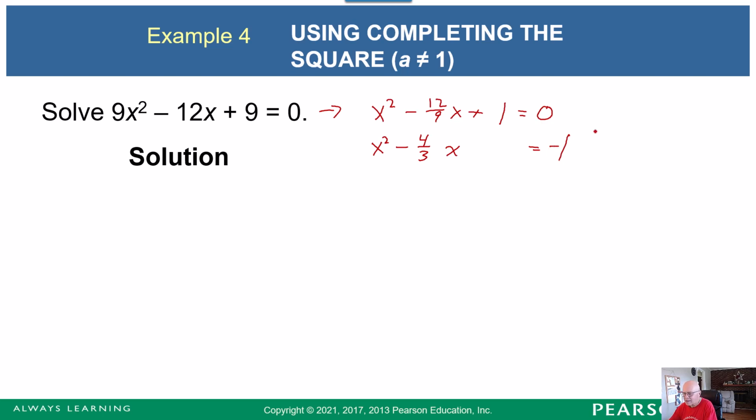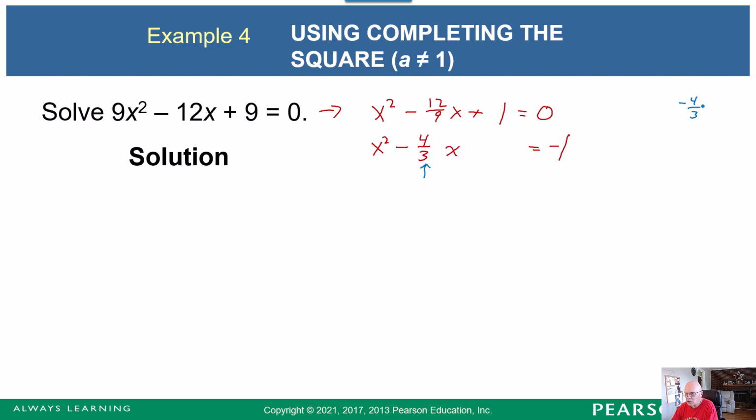Now, since I think it might help, I'm going to change the color again. Okay, the number in front of the x, the coefficient of x, I'm going to take that negative 4 over 3. Remember in the last one I divided it by 2.